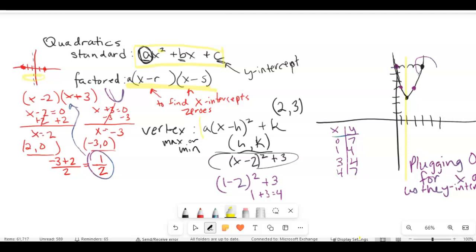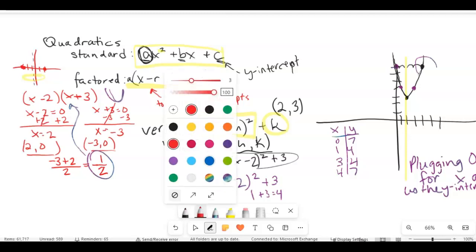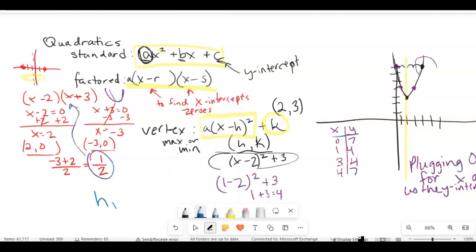And our vertex form has a parentheses with squared plus a constant outside of that gives us the y value for your vertex. All right, that h, k is representative, h comma k is representative of x comma y in your vertex.